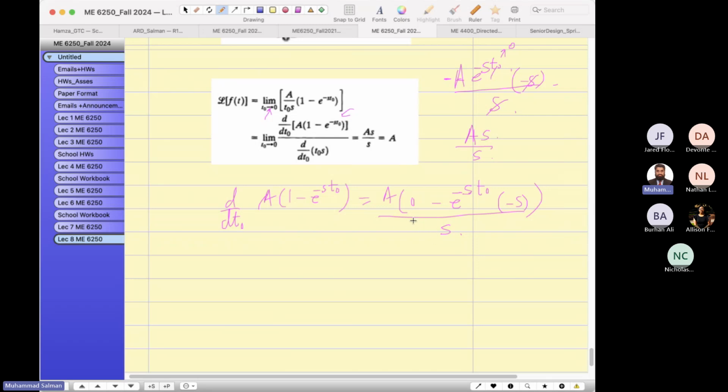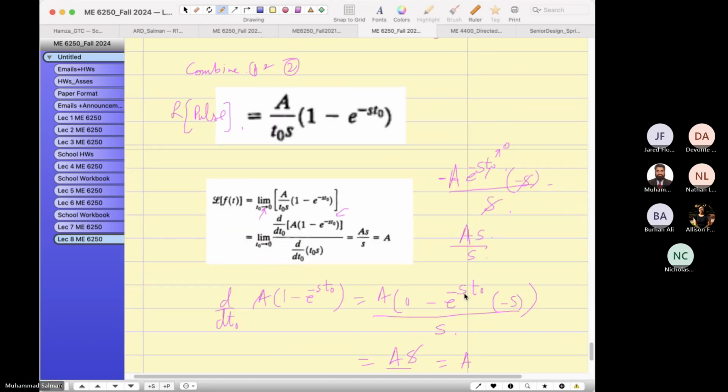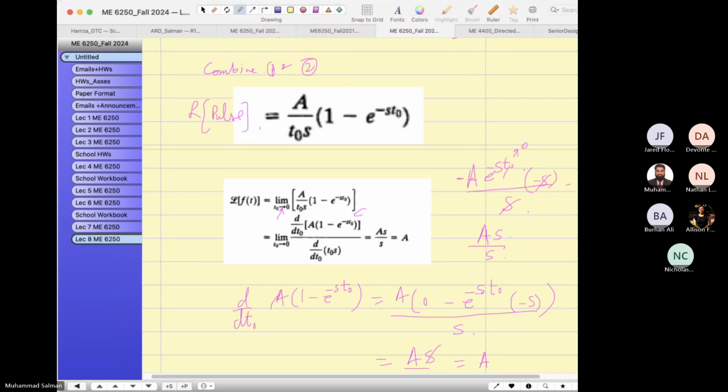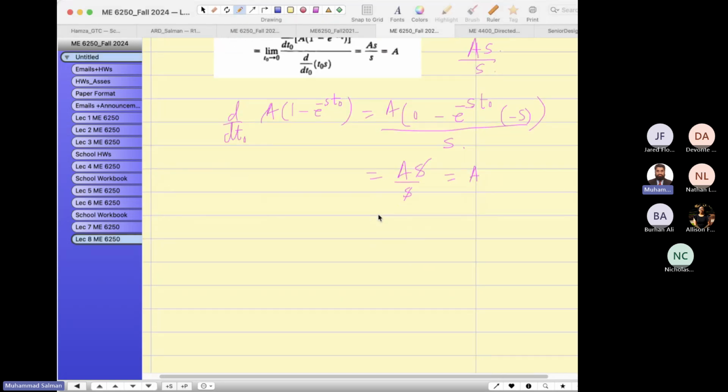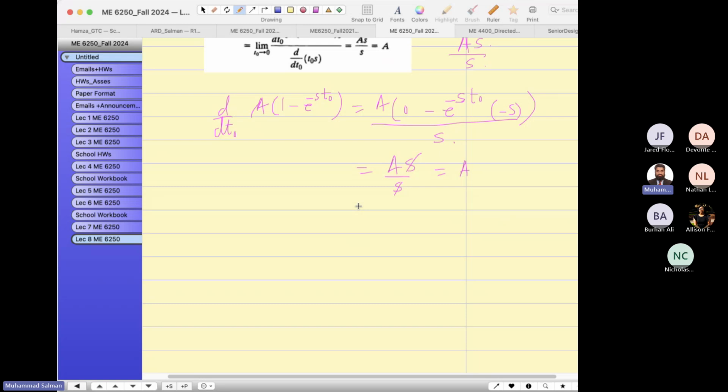Then you have in the numerator a. You can study this. And there is another function, the Laplace transform of an impulse. This is the Laplace transform of an impulse with magnitude a.